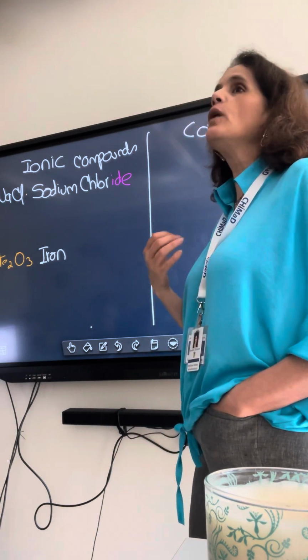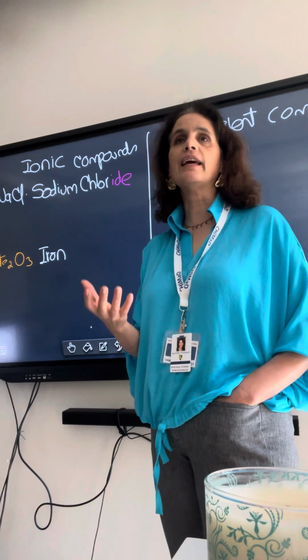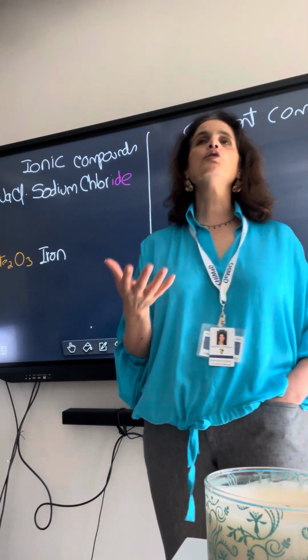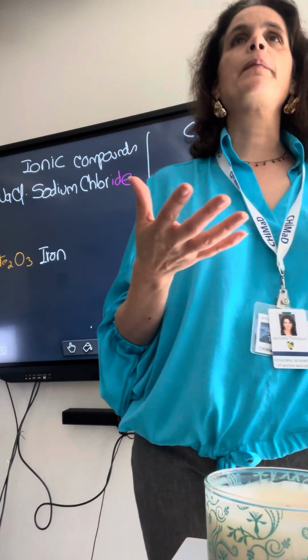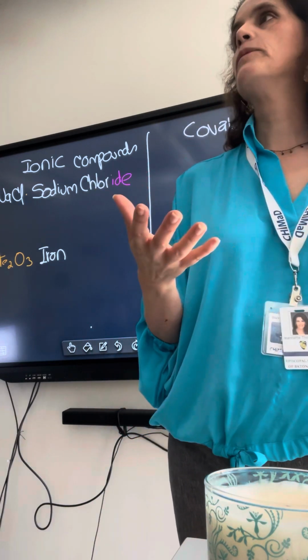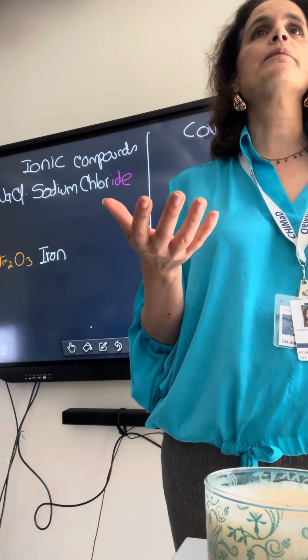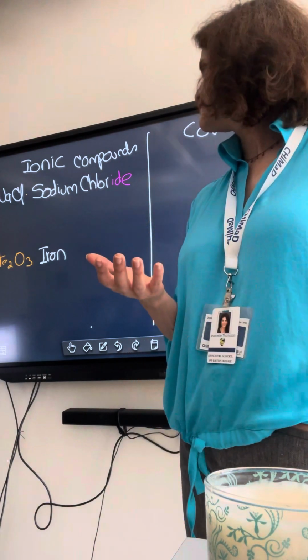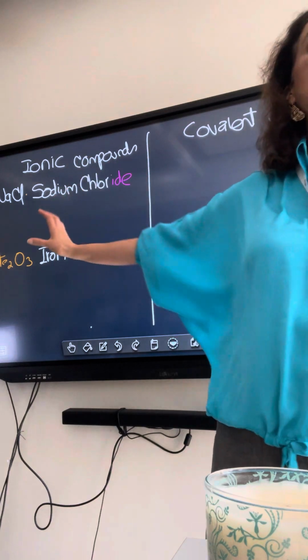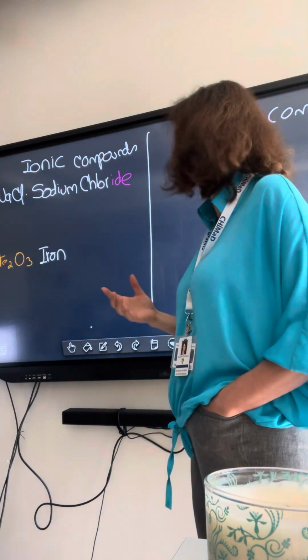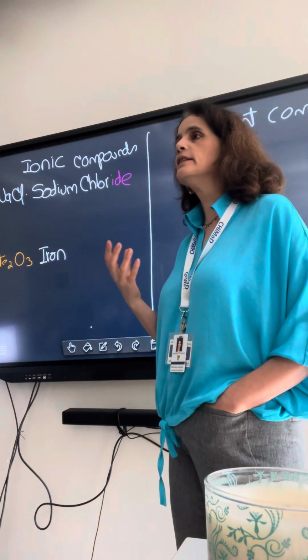Now, if you have a transition metal, like iron, do you know the charge of iron? Where is iron? So the compound will tell you, but the name has to tell you what it is. So you're going to have to write Roman numerals.